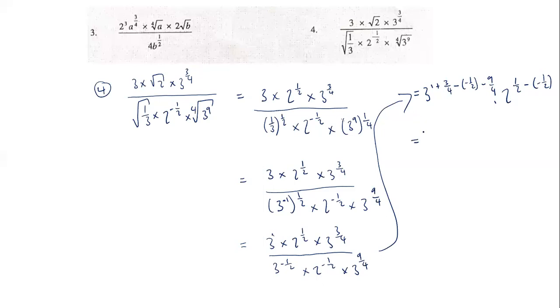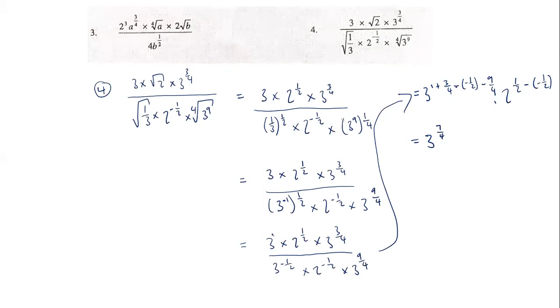Now, continuing with our steps, let us deal with the numbers then. So here we have 3. So we can just add these two guys over there. So 1 plus 3/4, I'm going to have to multiply this one by 4. So 4 plus 3 is going to give me 7. So that means so far I'm going to have 7/4.